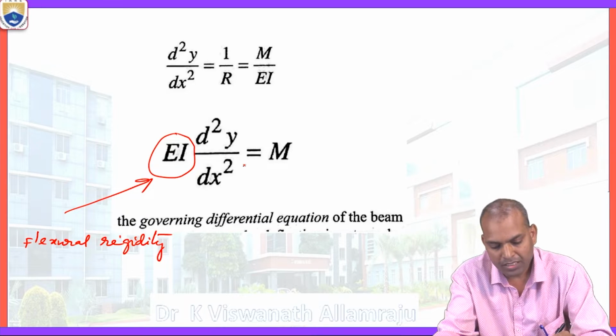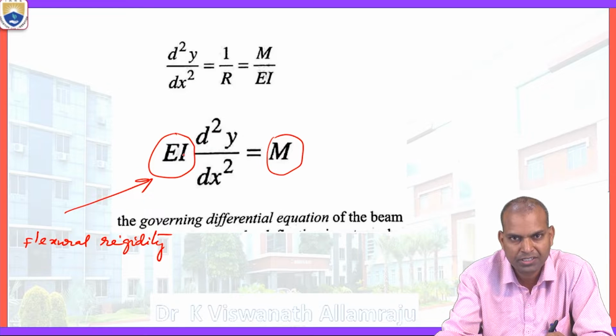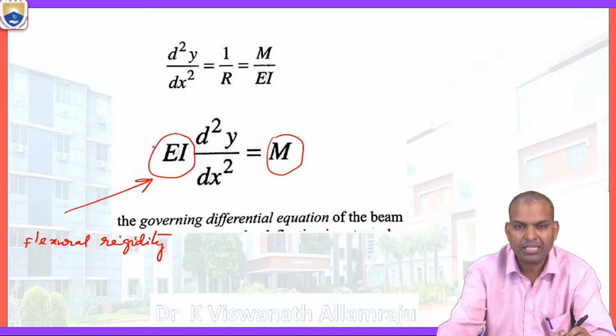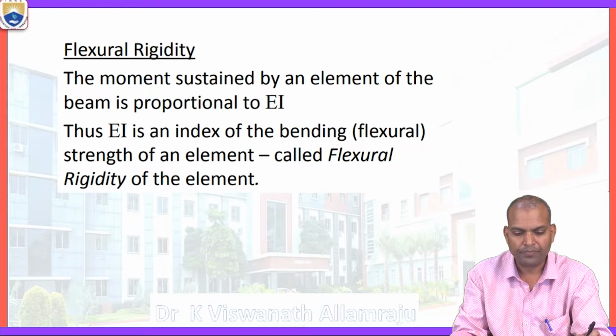So the bending moment is proportional to the flexural rigidity. That means it indicates the index of bending strength of the beam, known as the flexural rigidity.